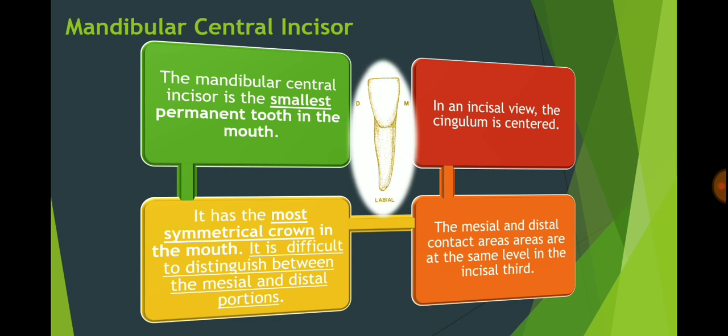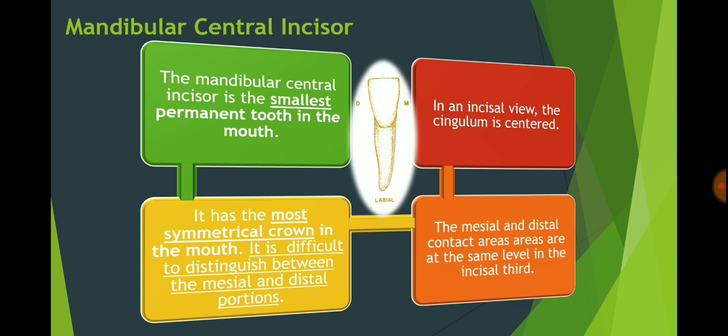It's terrible, because sometimes they have two canals, which are very small, so perforations are very likely. But they are the smallest teeth in the mouth. And in the incisor view, the cingulum is centered.